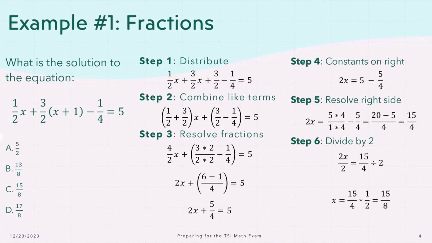Well, 2 doesn't look like a fraction, but once again, we're going to make it 2 over 1. So when we flip that, we get 15/4 times 1 over 2. And again, when you multiply fractions, you multiply the numerators, you multiply the denominators. That gives us 15 over 8. The answer, C.